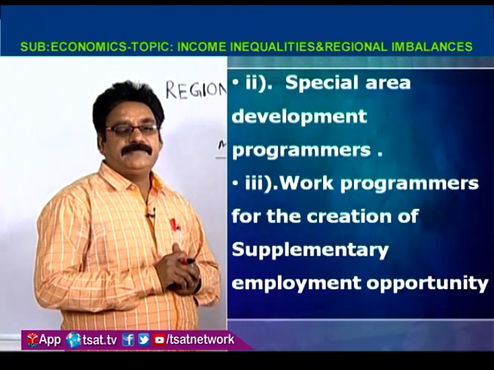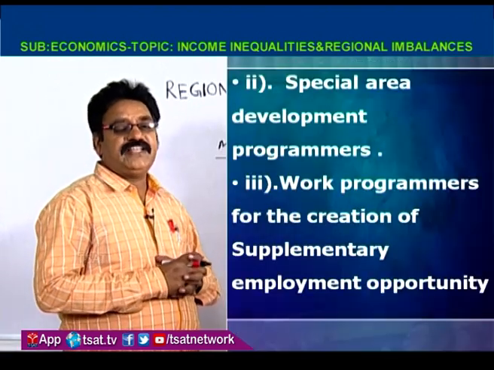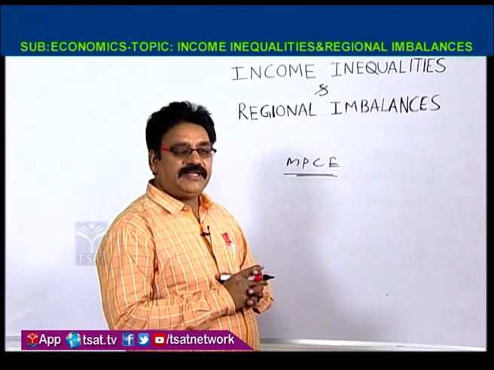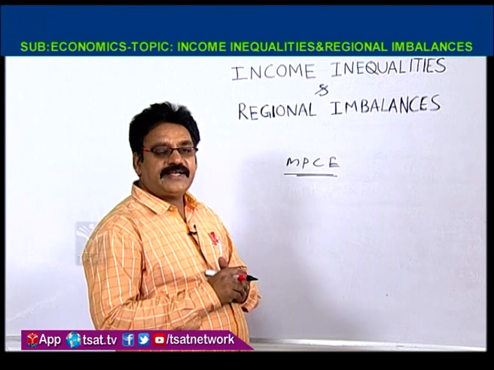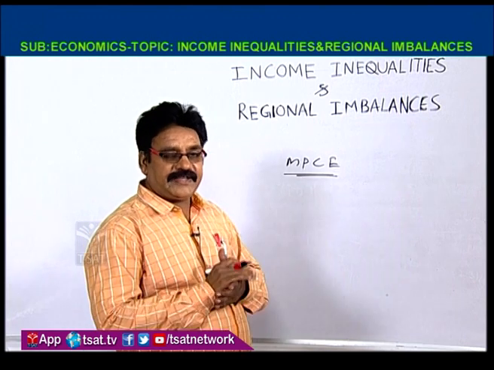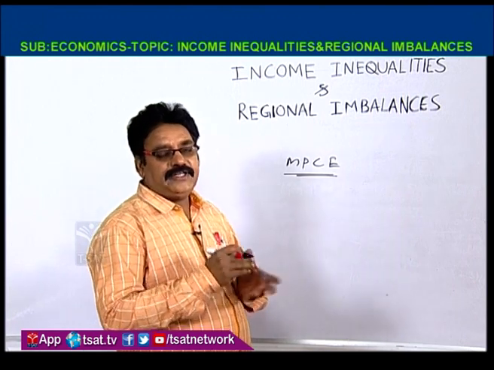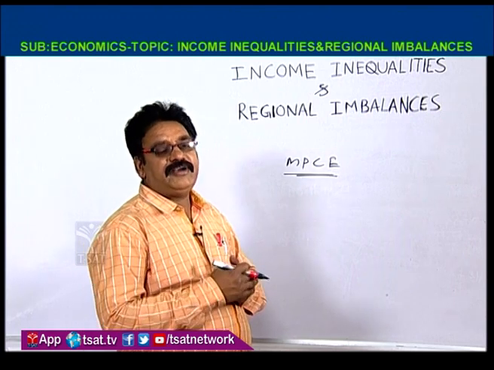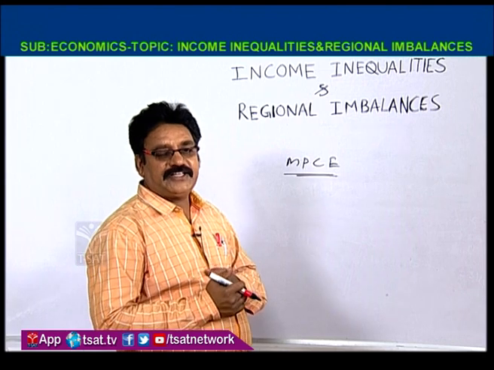Work programs for the creation of supplementary employment opportunities. For example, agriculture people are engaged in agriculture seasons and they don't have any work in the summer season. At that time, supplementary employment opportunities should be created by the government.